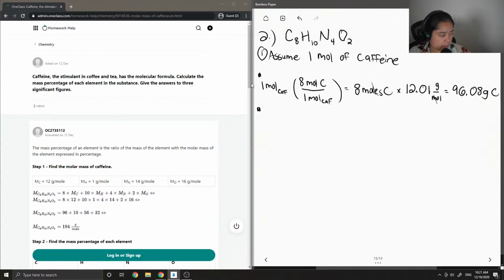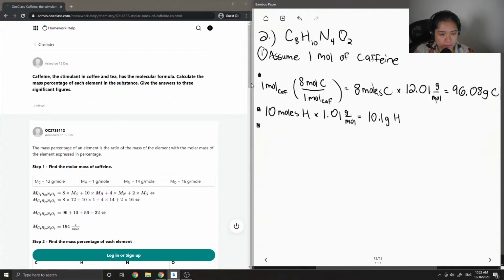Now if we were to do the same thing for hydrogen, I'm just going to skip and say that there are 10 moles of hydrogen. If we multiply it by hydrogen's atomic mass, which is 1.01 grams per mole, we end up getting 10.1 grams of hydrogen.